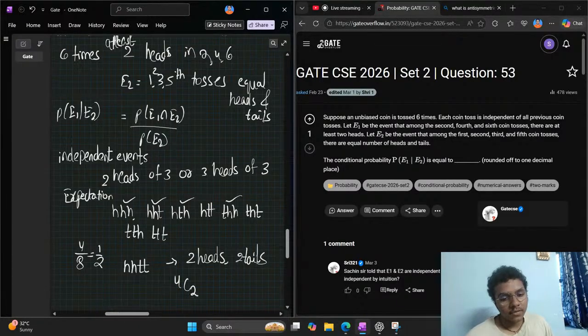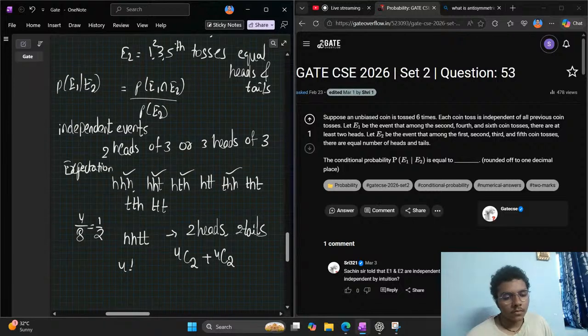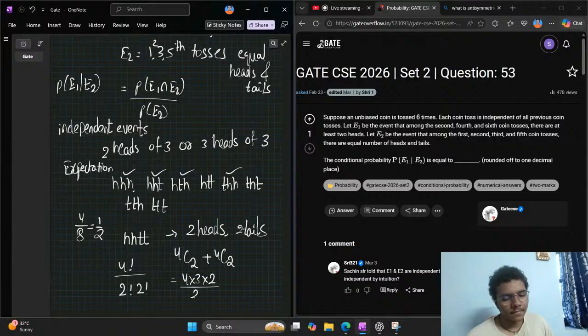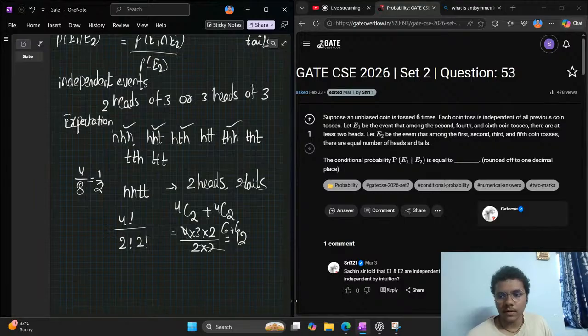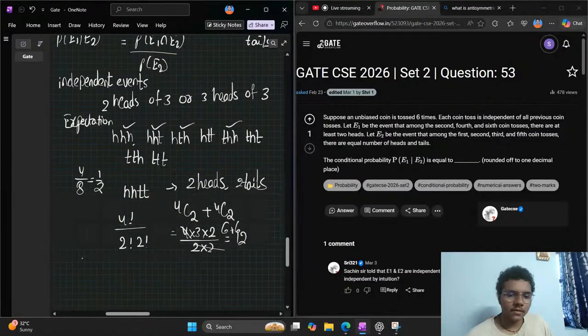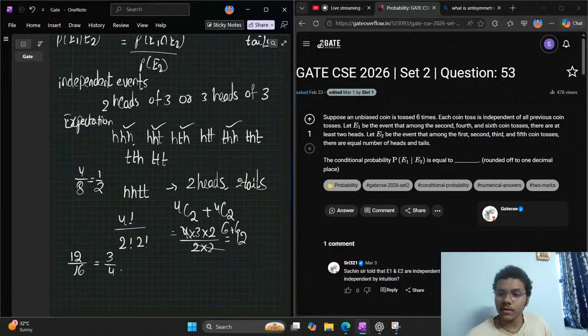So that is 4C2 plus 4C2, 4 factorial by 2 factorial into 2 factorial. That is 12, 6 plus 6. So there are like 12 possibilities of equal number of heads out of 16. 3 by 4. I don't know.